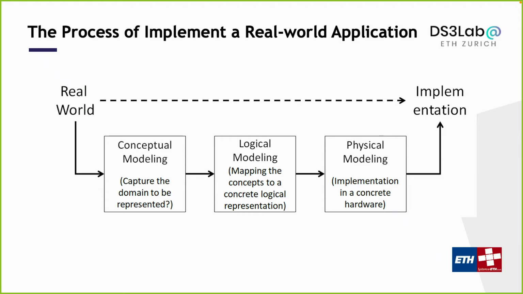And as a user, you need to think about what is the right way to do that, and there's a whole bunch of principles that go into that. So once you have your logical design, which is your database schema, the third phase is called physical modeling, and that is actually trying to implement your logical schema on a real system.